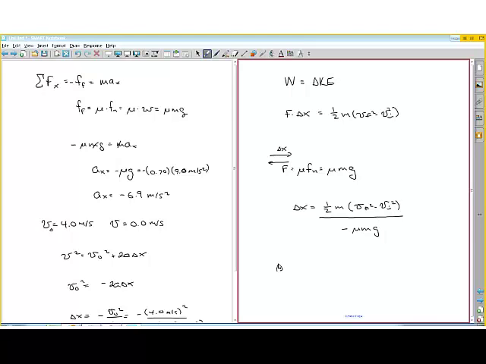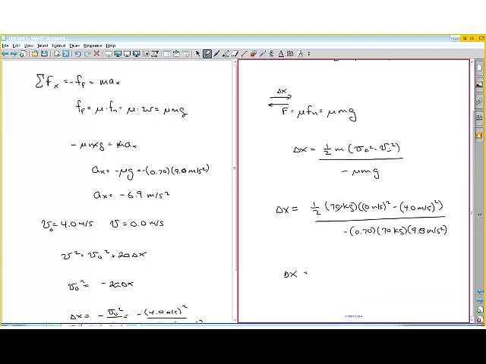So if we plug in, we get 1/2 times 70 kilograms times v final squared, which is 0 meters per second squared, minus v initial squared, which is 4.0 meters per second squared, divided by negative mu, which is 0.7, times mass, which is 70 kilograms, times g, which is 9.8 meters per second squared.